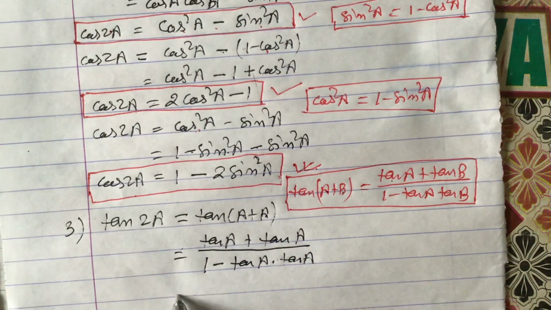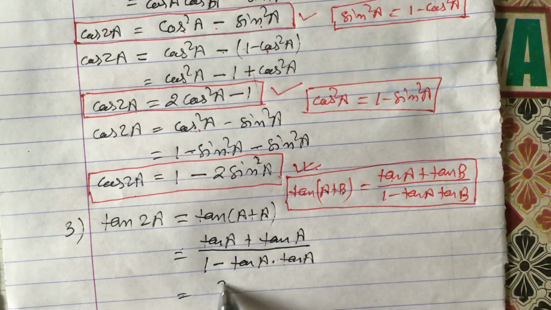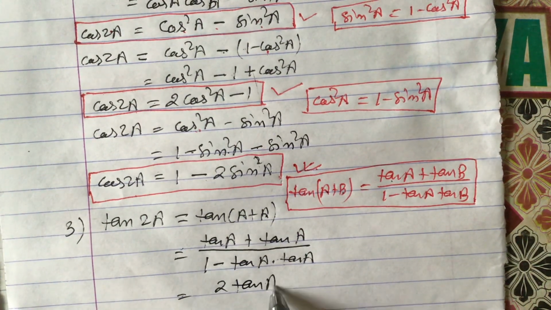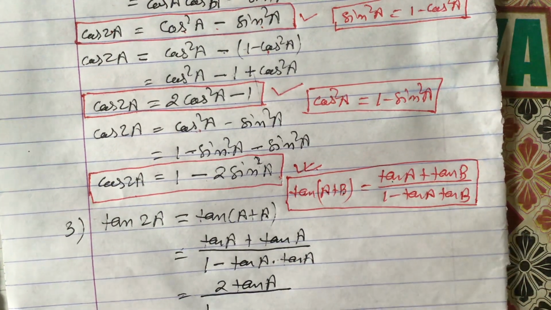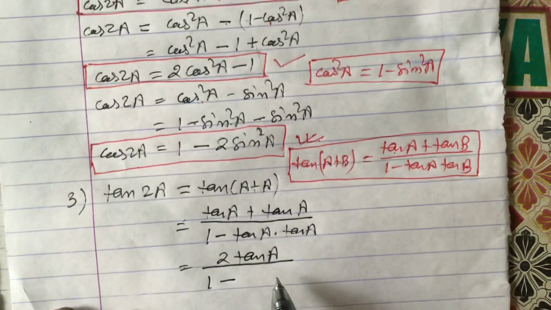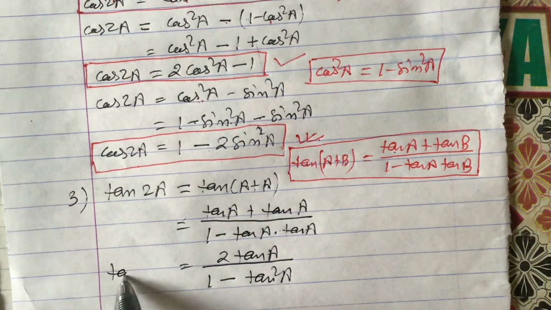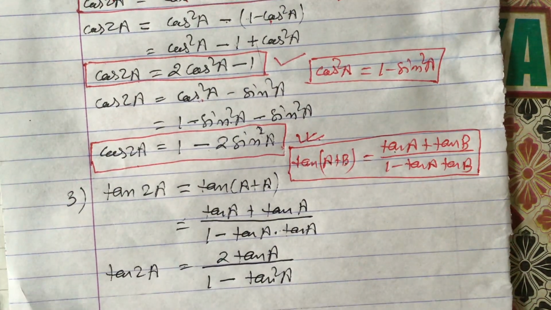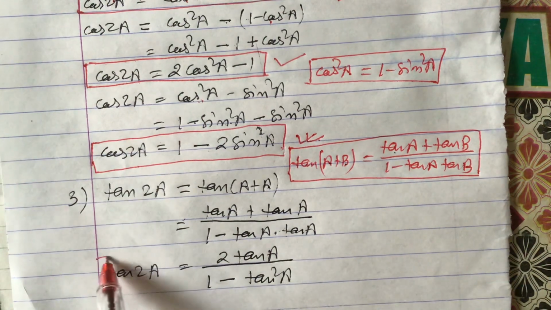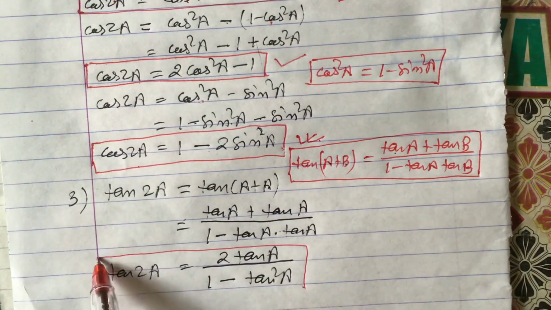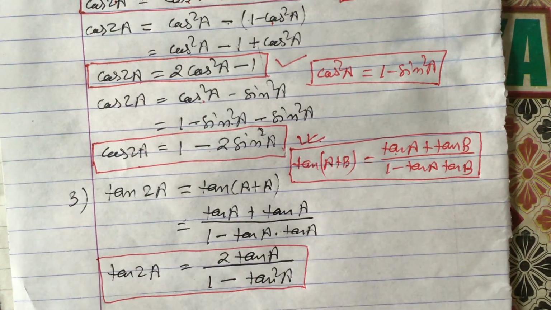Now if you simplify, you get tan a plus tan a is 2 tan a, divided by 1 minus tan a times tan a, which is tan square a. This is the formula of tan 2a. If we have to use the formula of tan 2a in terms of tan, then this is the formula.